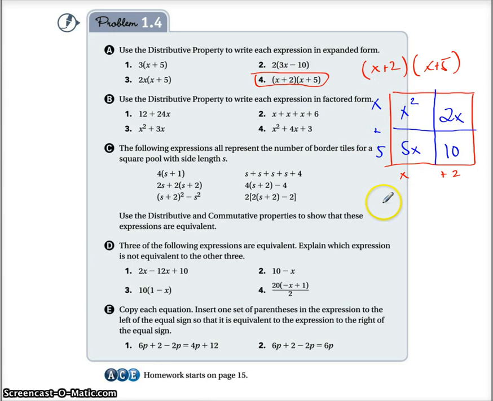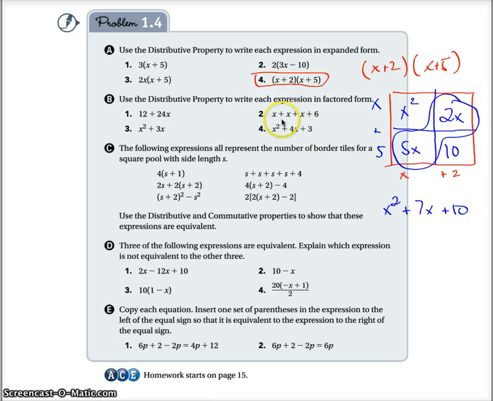I can put them all together, x squared, and then these two are the same. They're both x's. There's 5x's here, 2x's there. All together I call that 7x, and then I have a 10 over here, plus 10. When I taught this in high school, I used to call this my peanut box, because if you circle the two that are the same, they make a peanut. So there's your peanut box.